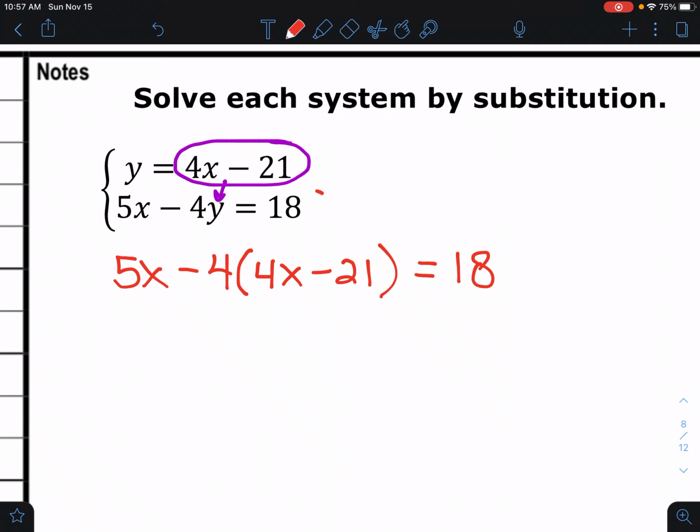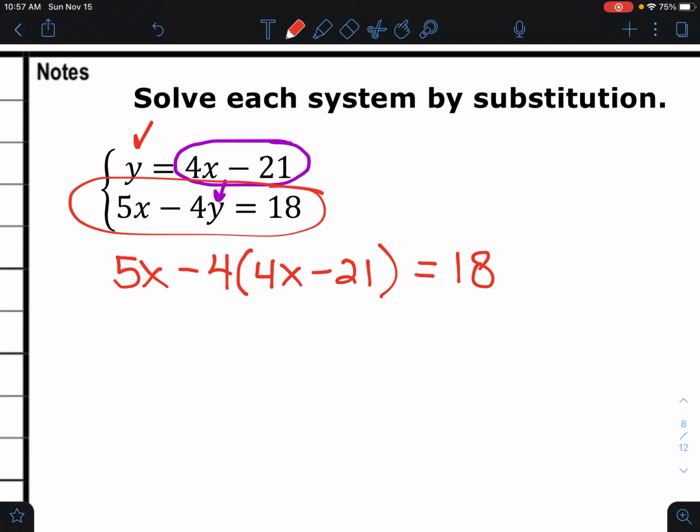All I did was take this equation and replace y with what they told me y equals, and that is 4x minus 21. So that purple went in for y. Now you'll notice I only have x's. I only have one variable. I've got a couple of them, but I can combine those. And I also only have one equation. This means now I can solve for x.